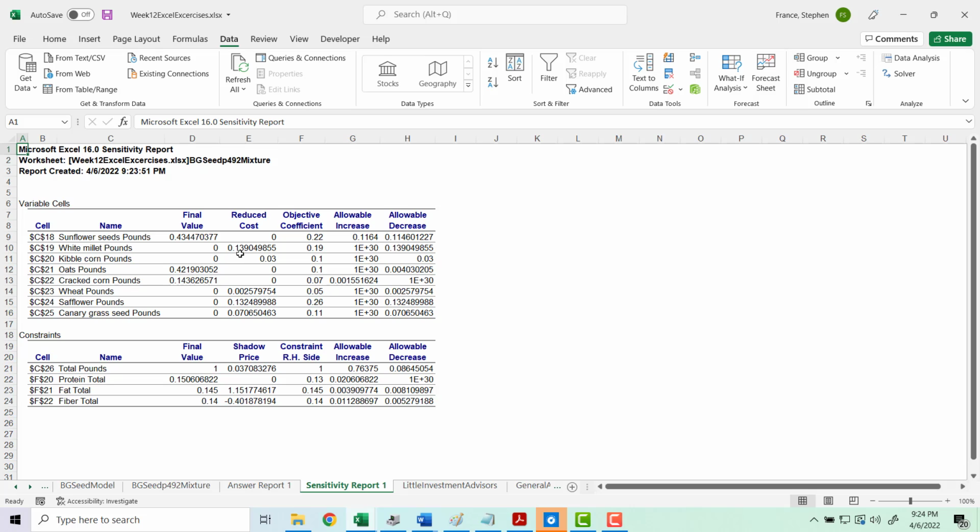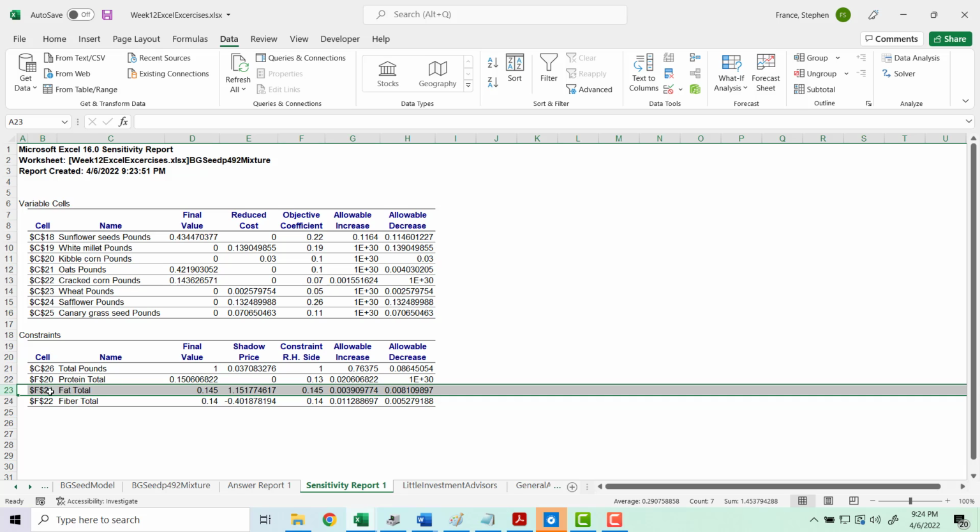And we can look a little bit at the sensitivity analysis report. And remember, I talked a little bit about this idea of shadow price, and we can see that, let's just have a look.